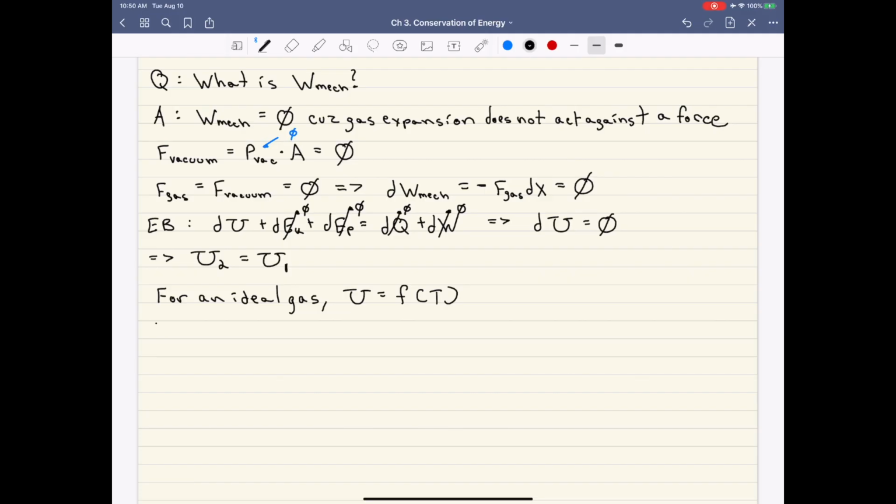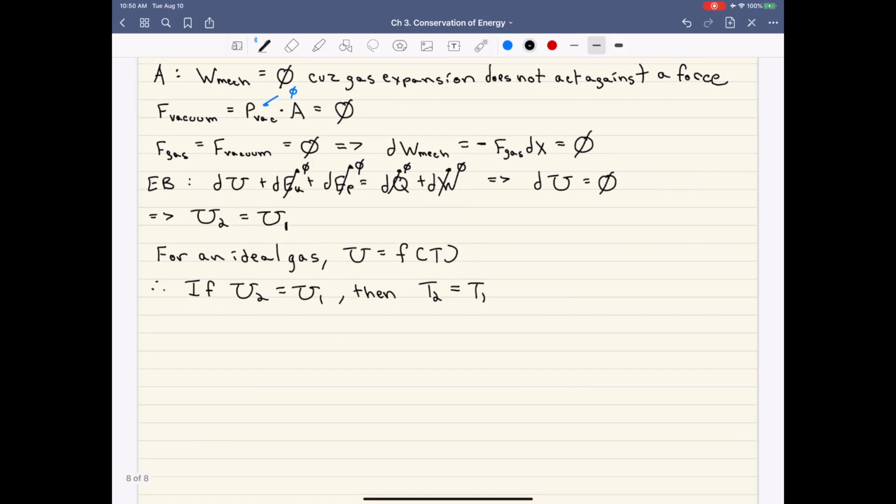And so, if our internal energies are the same in state 1 and state 2, then for an ideal gas, that means that the temperature of state 2 is also equal to the temperature of state 1. And so overall, whenever we're dealing with this sort of free expansion scenario, what we actually have is an isothermal process.